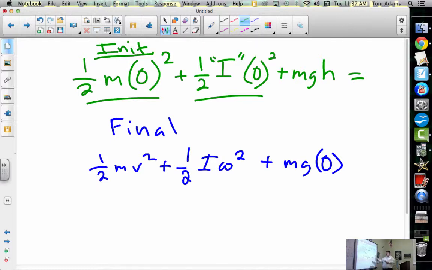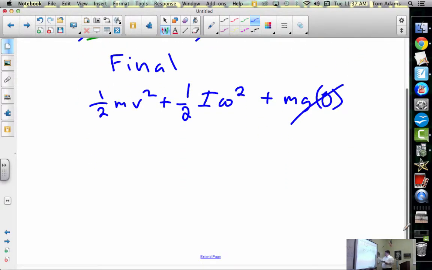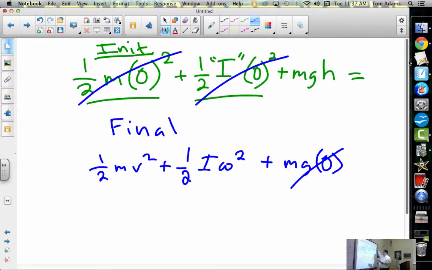So this is equal to the second line. Now, the final velocity is v. The moment of inertia times the angular speed squared times 1/2 is the rotational kinetic energy, and then our potential energy is 0 because it'll hit the ground or it'll stop rotating. So this goes away, and now we have from the initial mgh.